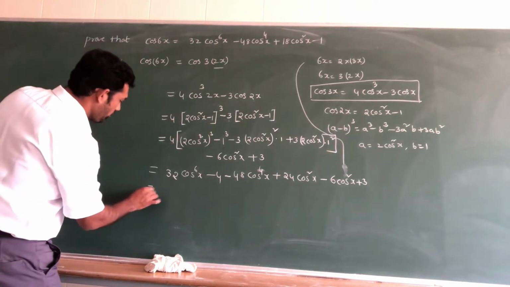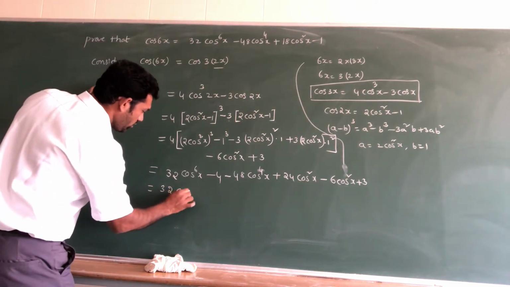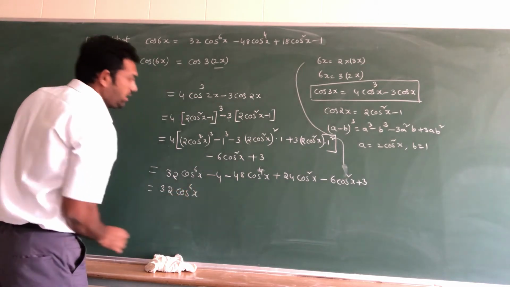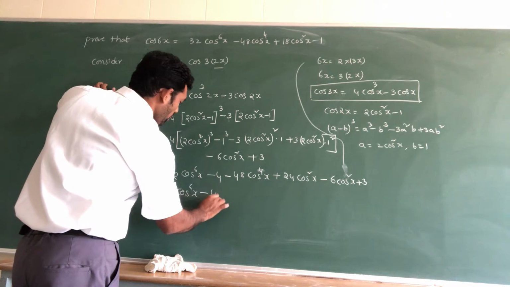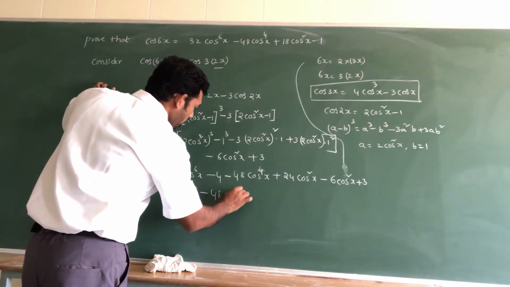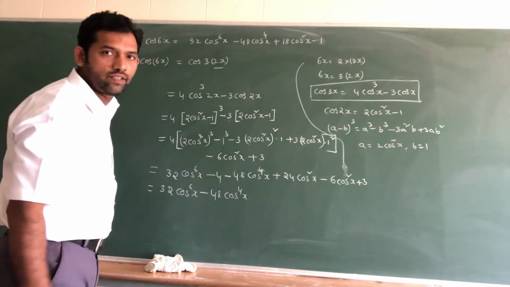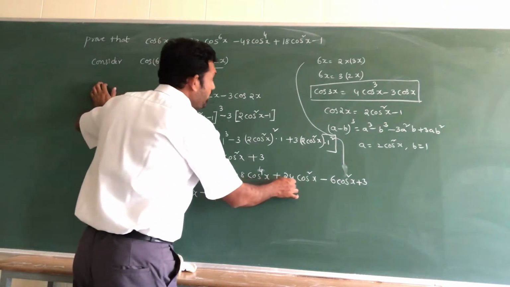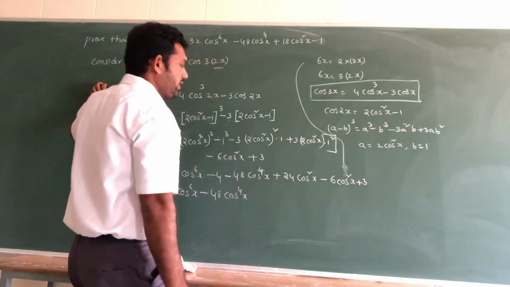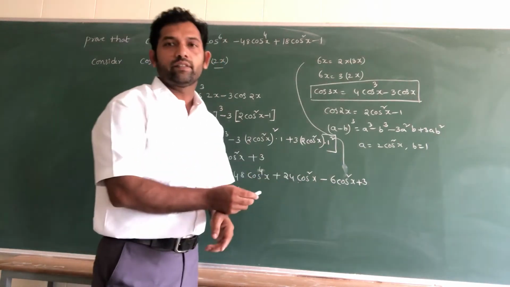So 32 cos^6 x, again minus 48 cos^4 x, right, in that order. Next, 24 cos square x is there, minus 6 cos square x is there.